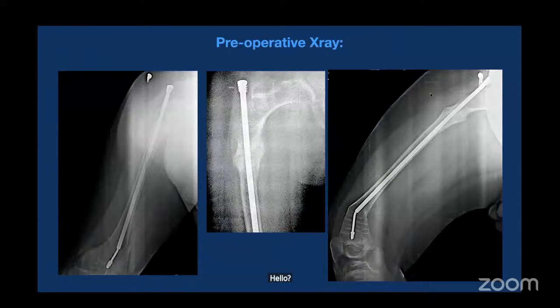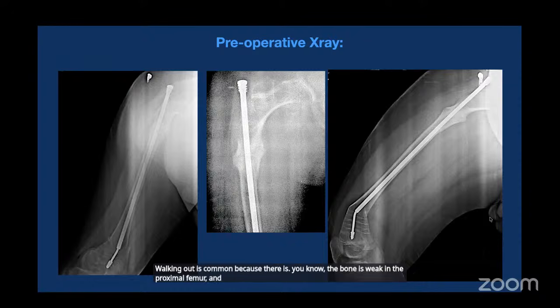So this phenomenon is that nail walking out is common because the bone is weak in the proximal femur, and the nail tries to walk out, and then you see a vara at the neck.